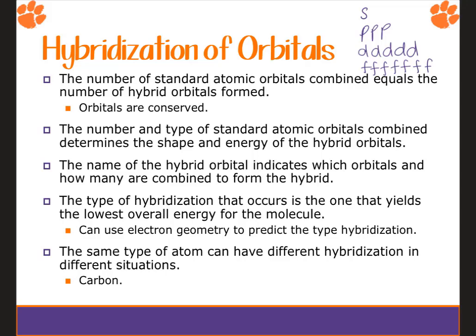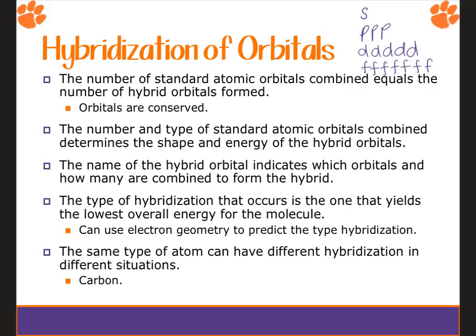The number and the type of standard atomic orbitals will determine the shape and the energy of these hybrid orbitals. So they still have some characteristics of the atomic orbitals from which they're derived. The names of the hybrid orbitals tell you exactly what makes them up and how many are combined, and we'll see that in the next few slides. And again, all of this is dictated by energy, so you want the lowest overall energy of your hybrid orbitals, and we're going to look to the electron geometry to try to predict our hybrid orbitals.